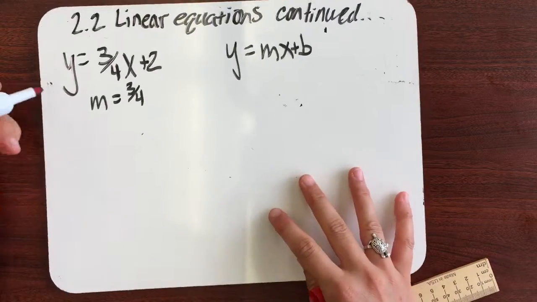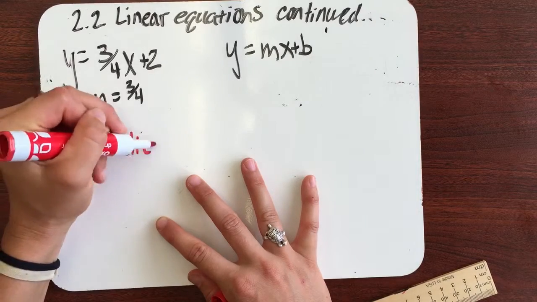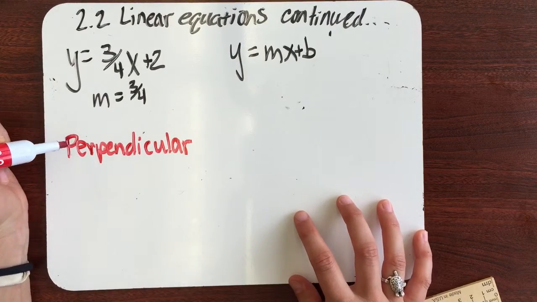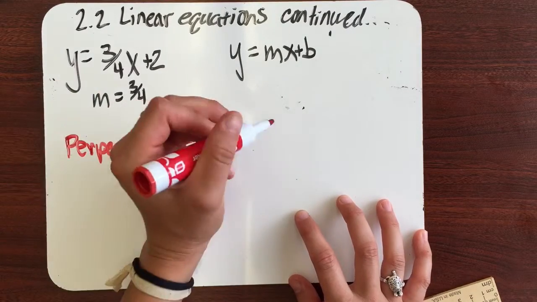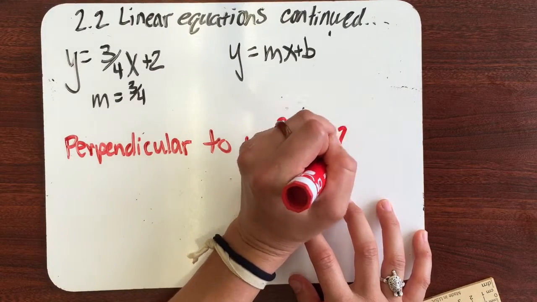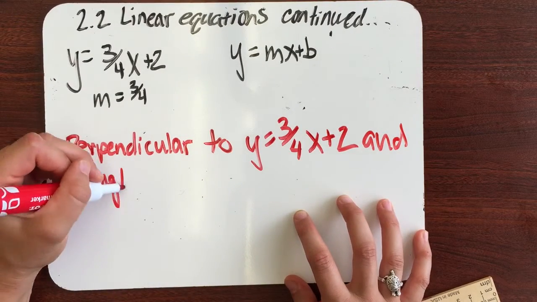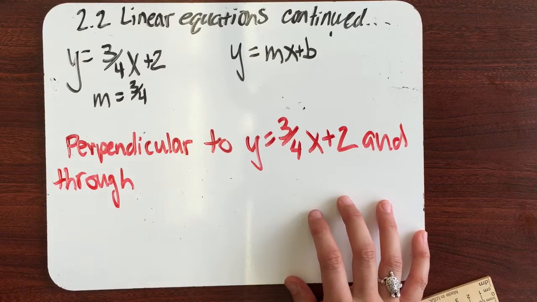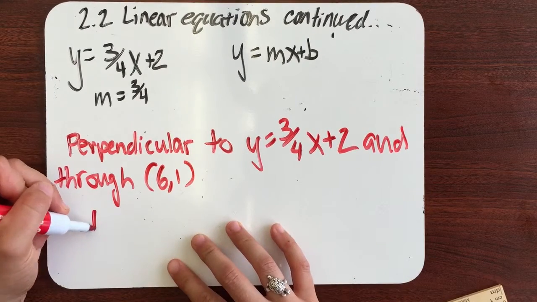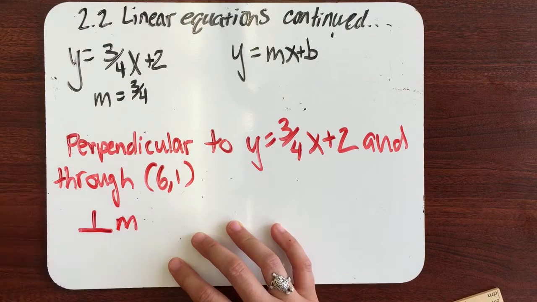So let's say we want to find the equation of a line that's perpendicular to, same equation here, y equals 3/4 x plus 2, and through the point 6, 1. For perpendicular lines, the symbol for that looks like an upside down capital T. This stands for perpendicular slope.